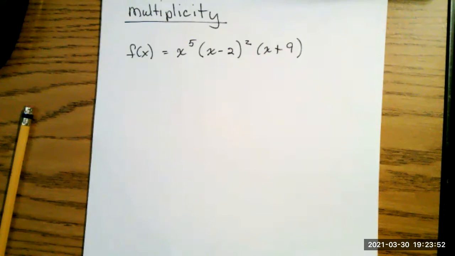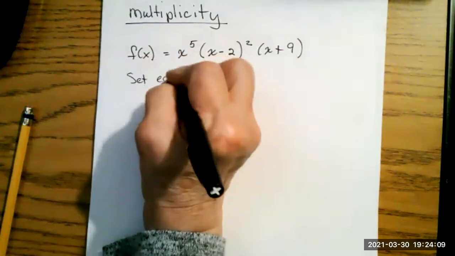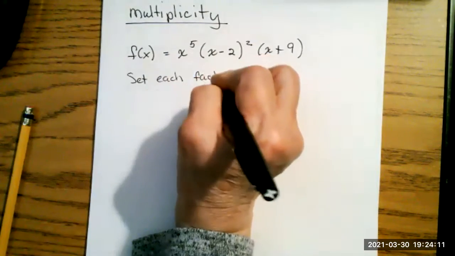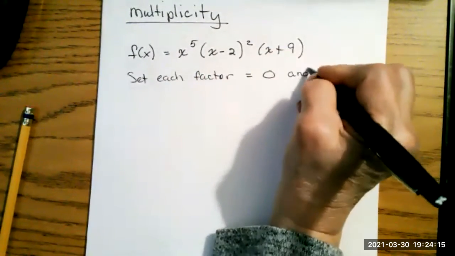And remember to find the zeros, we said each factor equal to 0. But you don't have to worry about the exponents. The exponents tell you the multiplicity. So you set each factor equal to 0 and solve.